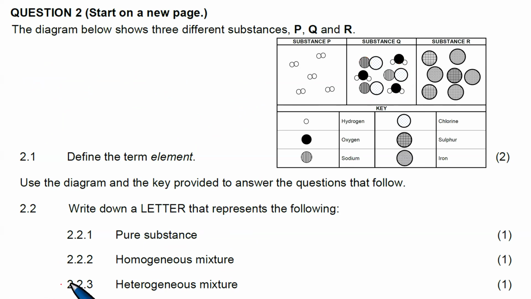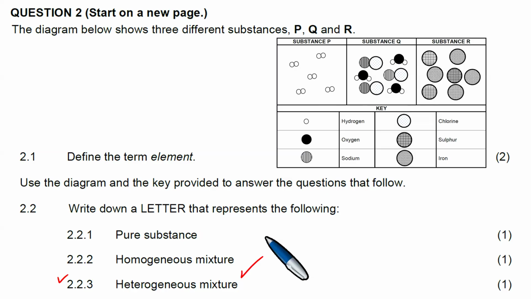Okay. Now in 2.2.3, there's something called a heterogeneous mixture. Here, this one is not just mixing two things, but it's mixing too many.